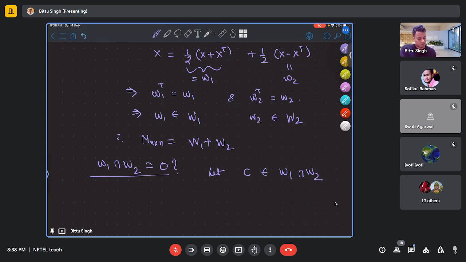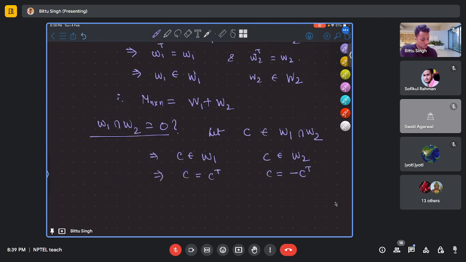Then what can you say? C belongs to W1, which means C equals C transpose, and C belongs to W2, which means C equals minus C transpose.